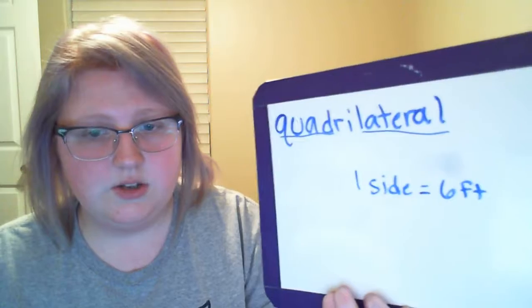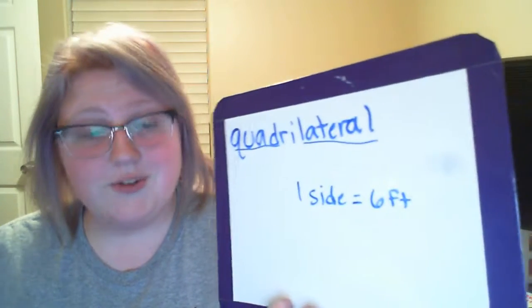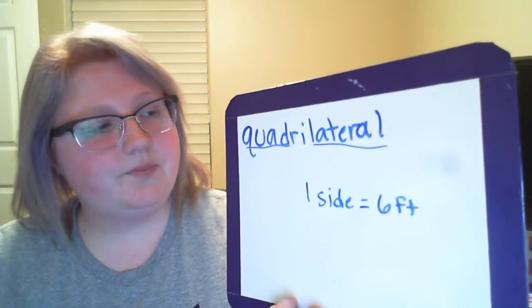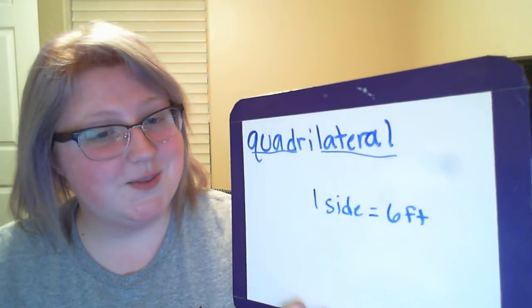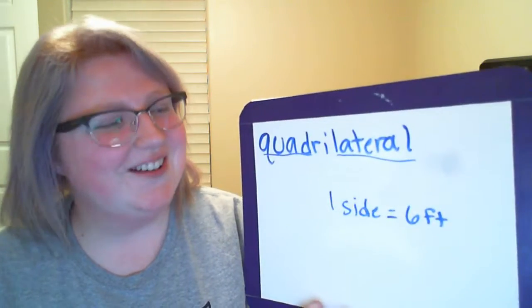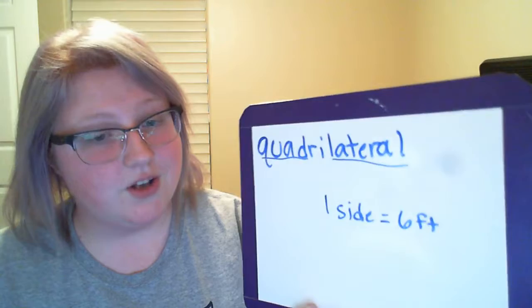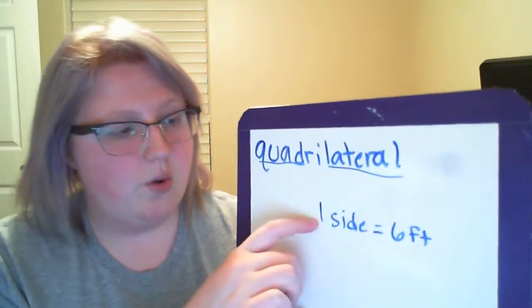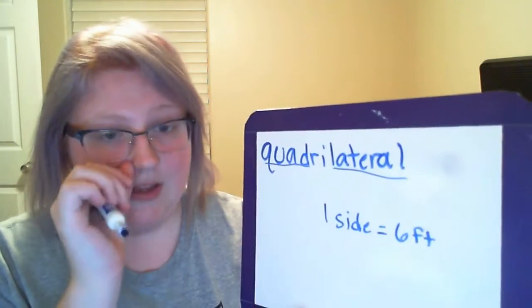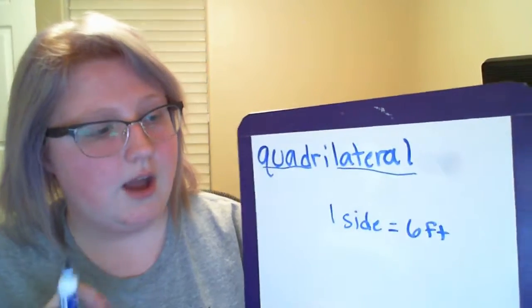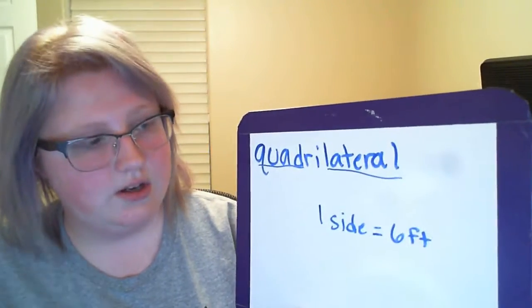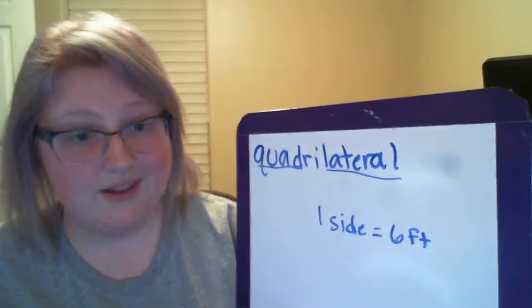So they are going to create a quadrilateral. I'm not telling you specifically what kind, but they're going to build it using their fence where one side is 6 feet long. I want you to turn and talk with a partner about the possibilities.